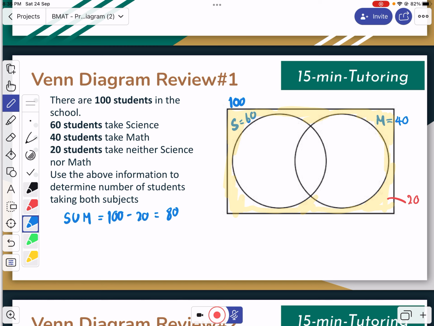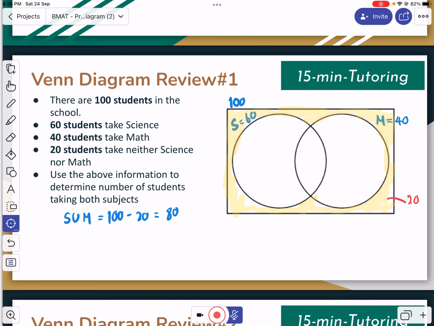Next, let's take a look at the same area using a slightly different angle. So, if we look at S union M, well, if we look at S individually, we have 60 people. And if we look at M individually, just only M, we have 40 people.